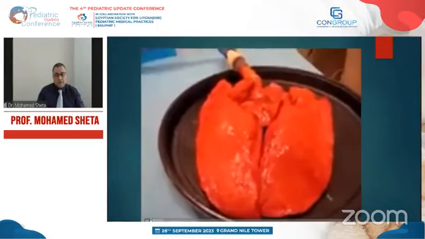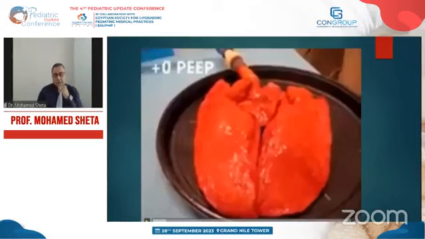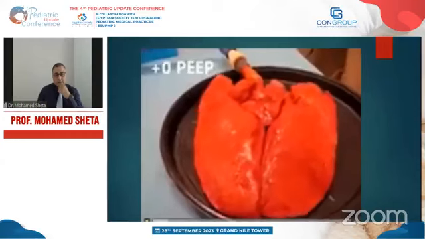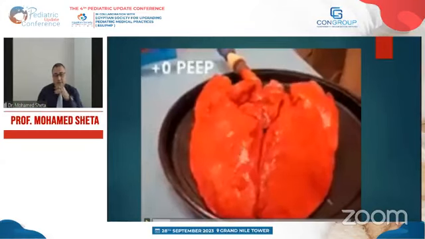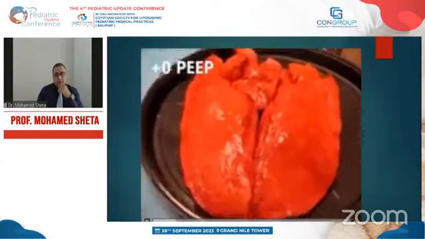Now, if you notice, the PEEP here is 0, so the lung is almost collapsed. When we increase PEEP to 5, this is PEEP. We are not talking about PIP, which is the peak inspiratory pressure. We will talk about PEEP, which will make sustained lung recruitment.